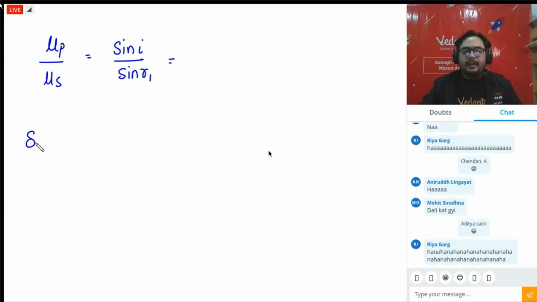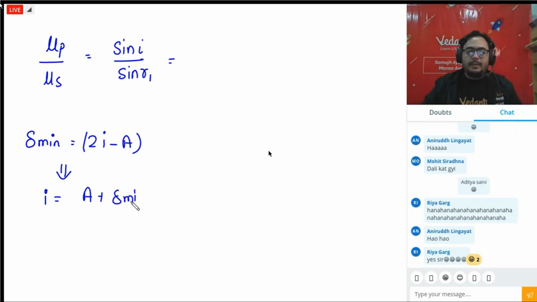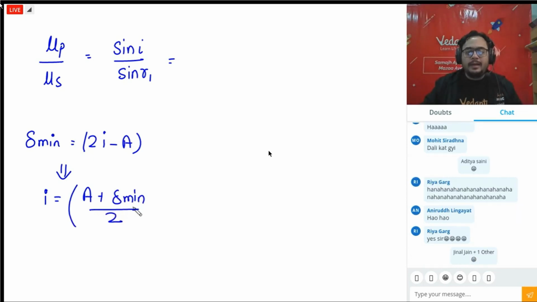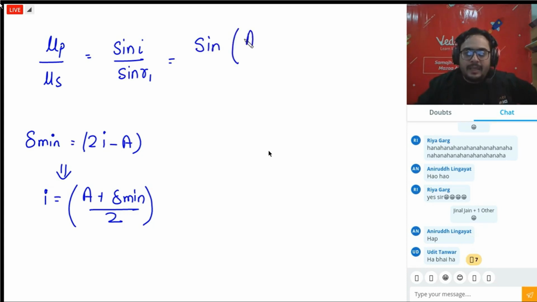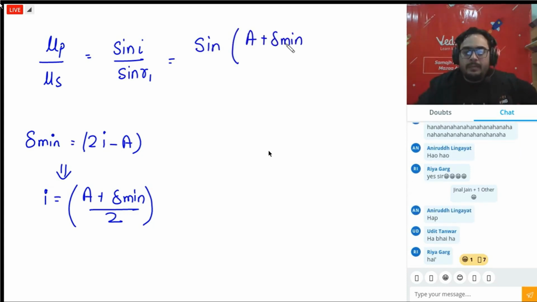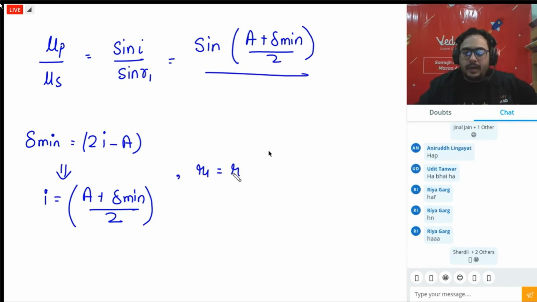Now for delta minimum, what is the formula? 2I minus A. So can I say I is A plus delta minimum by 2? This is just cross-multiplication, basically math. So sine of I is sine of A plus delta minimum by 2, upon sine of R1, and we already know R1 is equal to R2 is equal to A by 2.